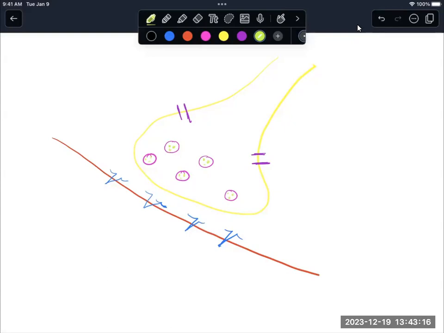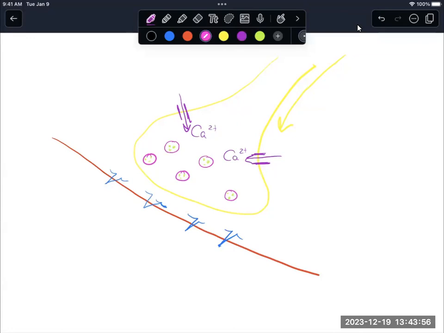So a nerve is sending down this nerve impulse that is telling this muscle to contract. When this action potential comes down, this nerve impulse, it causes these channels to open. When these channels open, calcium is going to come inside this synaptic end bulb of this nerve.